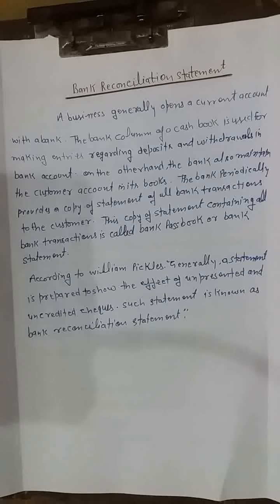Thus, the entries in the bank column of the cash book and the related passbook are made for the same transactions, so in principle both of them should show the same balance, with the only difference that when the cash book shows a debit balance, the passbook will show a credit balance.